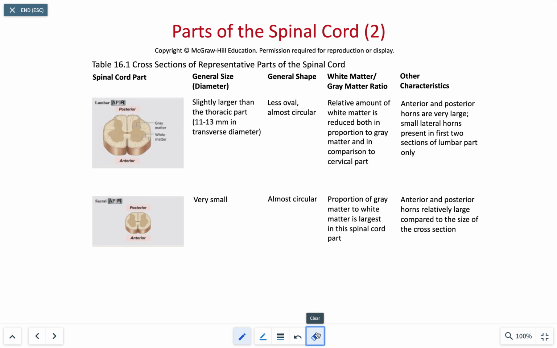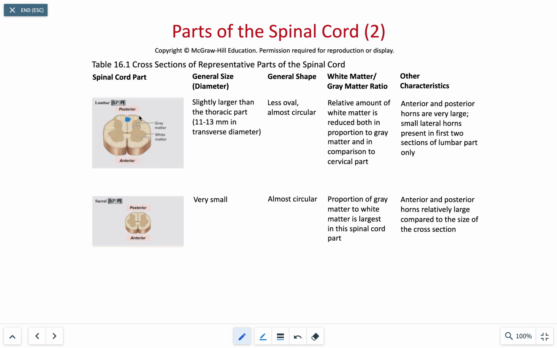When we go into the lower lumbar region, you'll notice the white matter is greatly reduced versus the gray matter. It's also 11 to 13 millimeters in size.